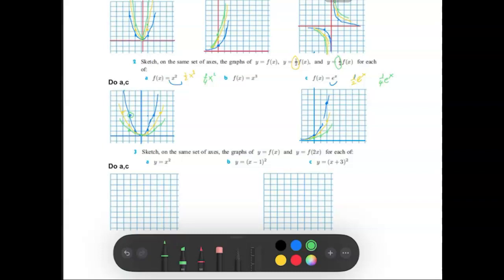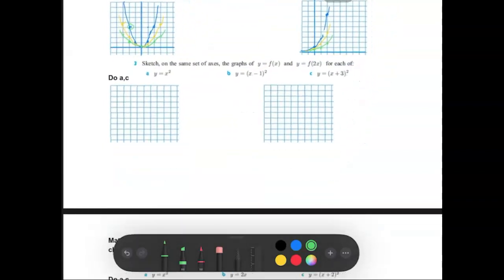And let's go down to number 3. So for this one, I am going to do the original function in blue, and then I am going to do what would this be? This would be a horizontal compression, because it's inside the parentheses, because the 2, when you have a bigger number than 1, then you're going to do a compression instead of a stretch.